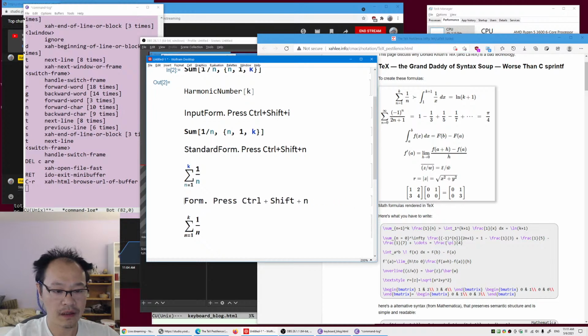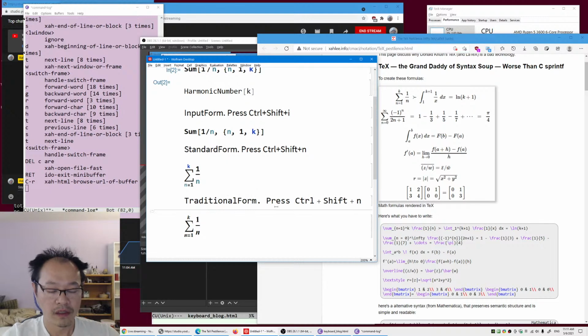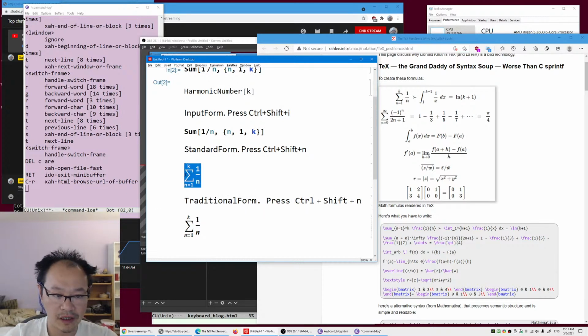And so this is the traditional form. So what is the difference between the standard form and the traditional form? They are basically the same.